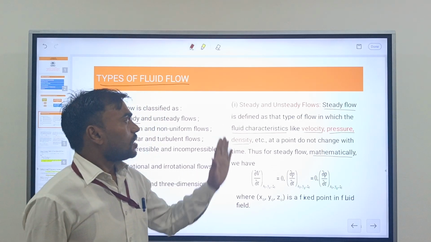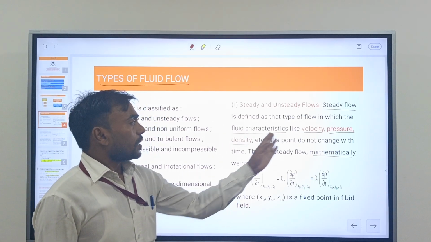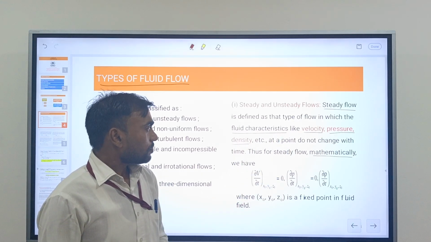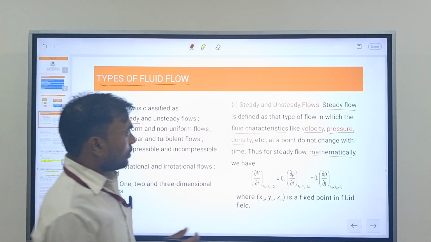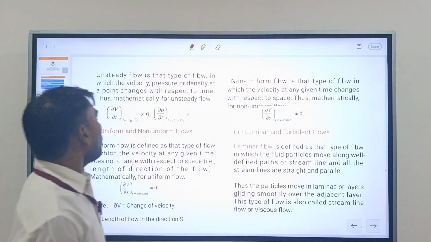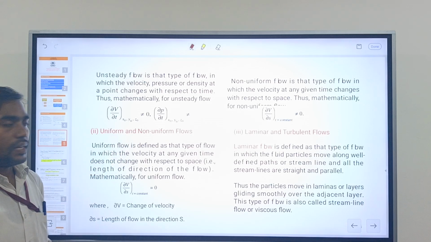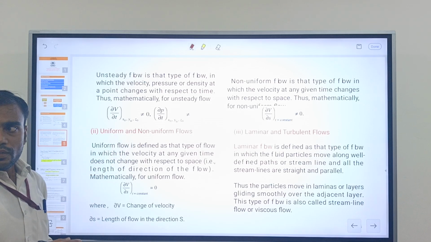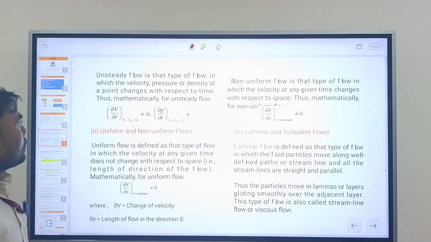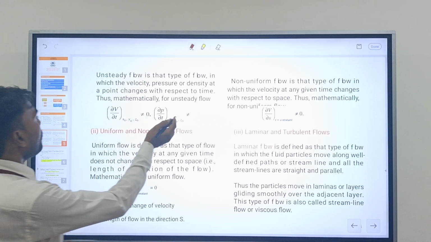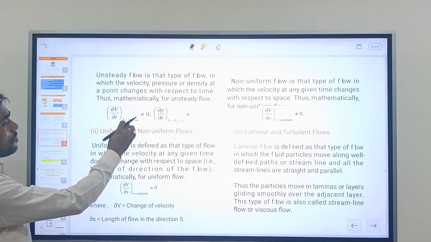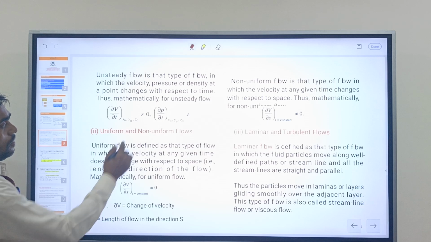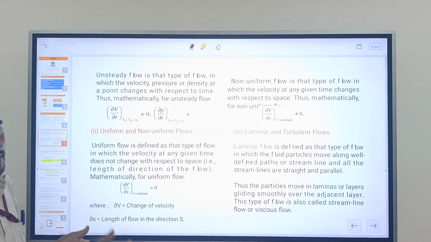So in steady fluid flow, the velocity, pressure and density at a point do not change with respect to time. In unsteady fluid flow, these three parameters change with respect to time. Mathematically, del V by del t at point x0, y0 and z0 is not equal to 0, because it is continuously varying.